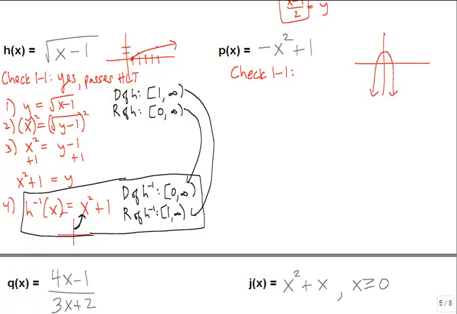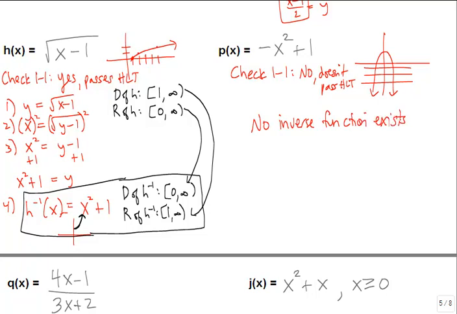Does that graph pass the horizontal line test? No, it doesn't pass the horizontal line test for all these points down here. So that means no inverse function exists. Now occasionally in a problem like this, you can make an inverse function exist by restricting the domain of the original parabola.